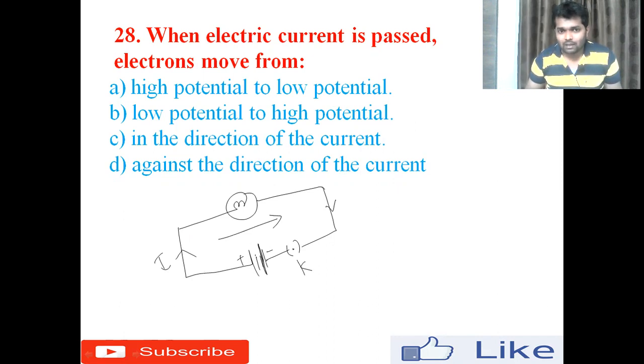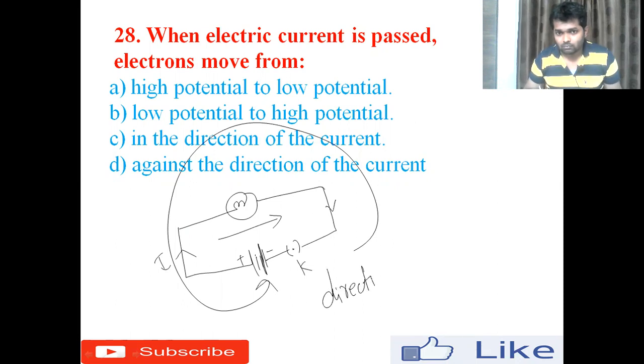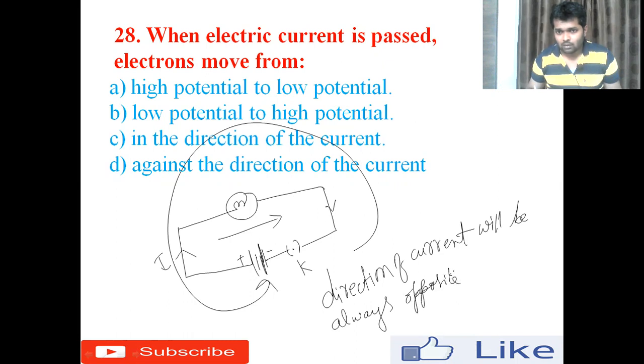But electrons are there in the negative terminal, right? They will flow from the negative terminal to the positive terminal. So the direction of the current will always be opposite to the direction of flow of electrons.